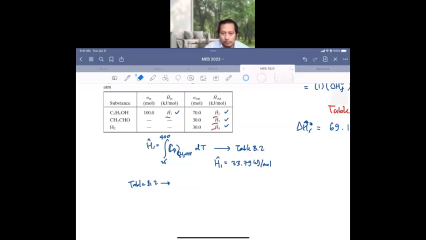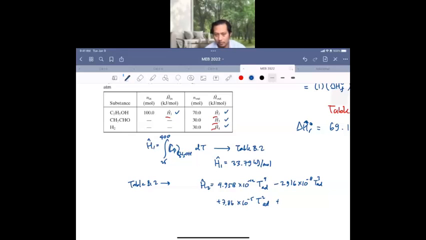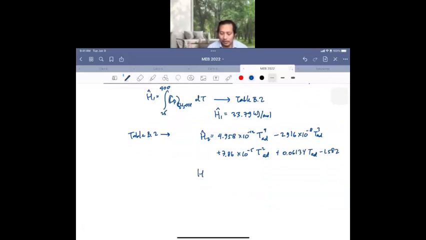And then for H2, it was given 4.958, and the T is written as the adiabatic temperature, T adiabatic. Actually, from H2, H3, and H4, they also have the adiabatic temperature, and you need to solve one by one to find the T adiabatic at the end.